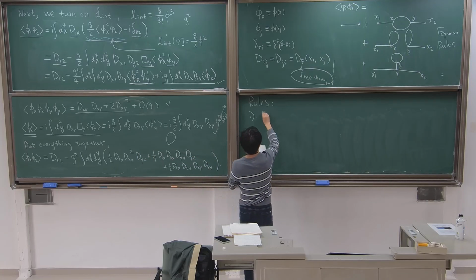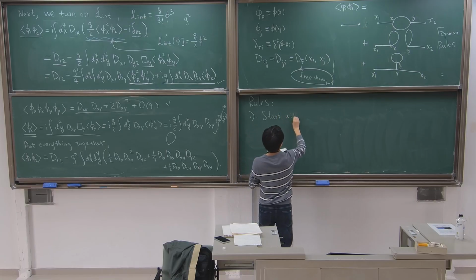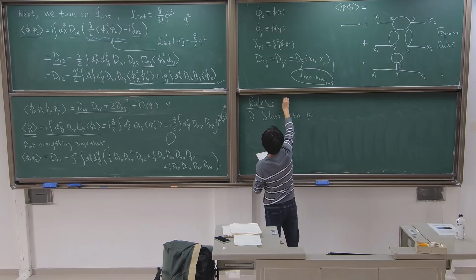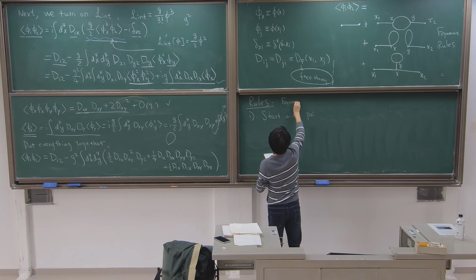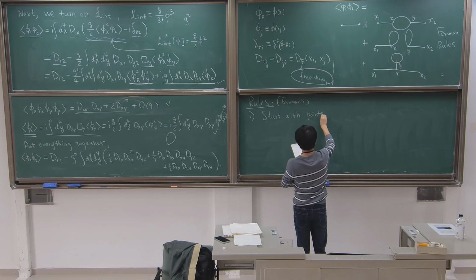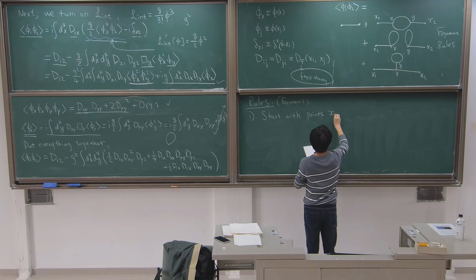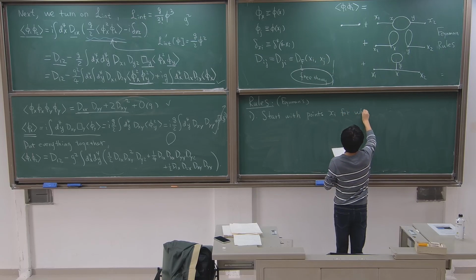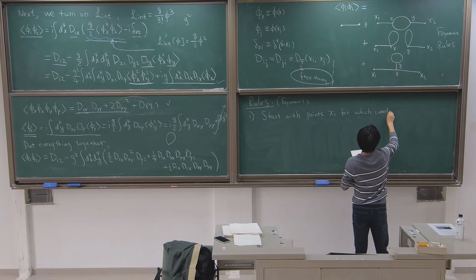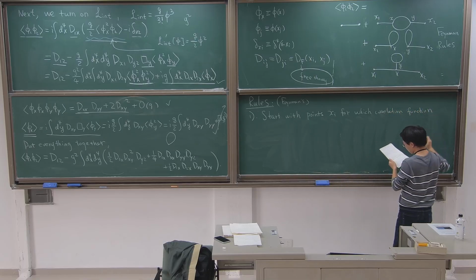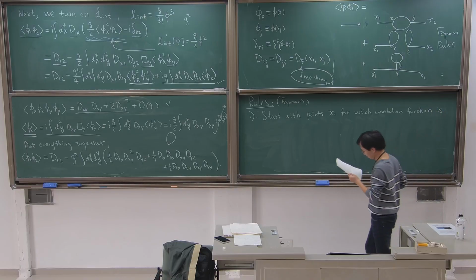represent what I said. The rule is going to be step 1. Start with points x_i for which the correlation function is measured.